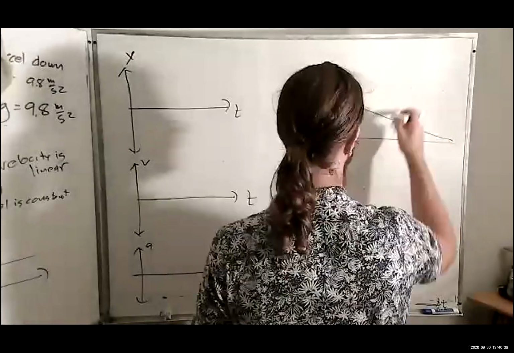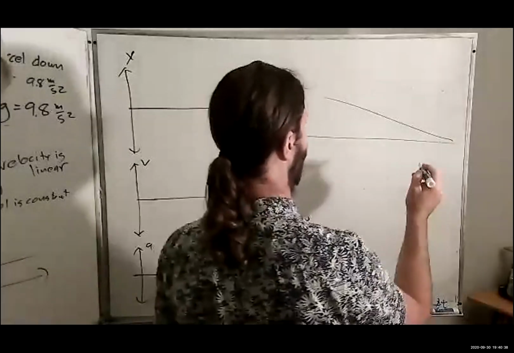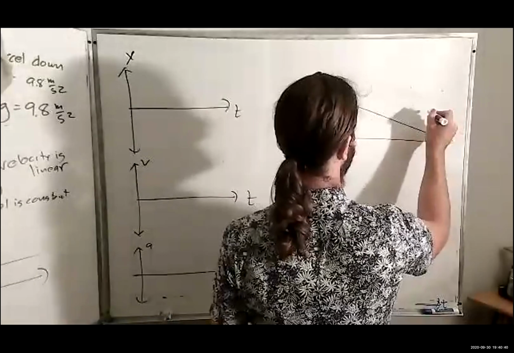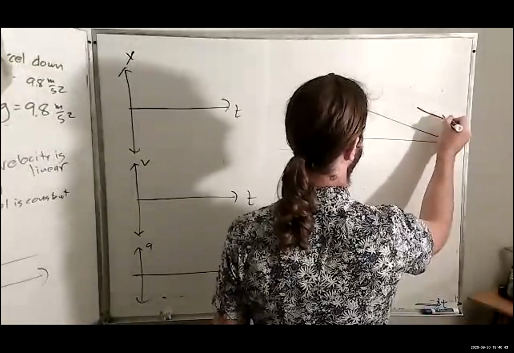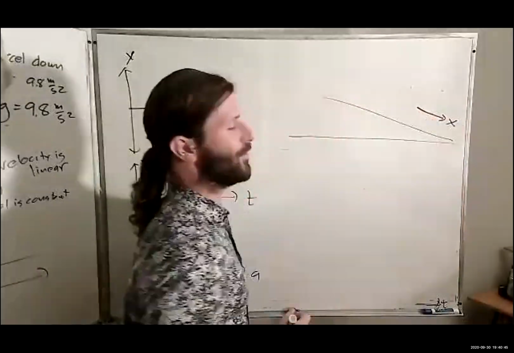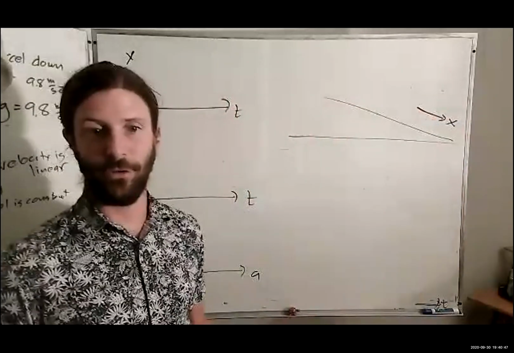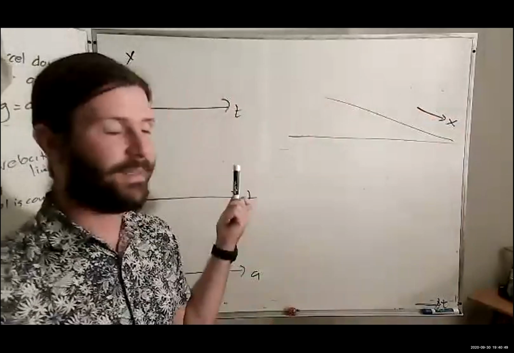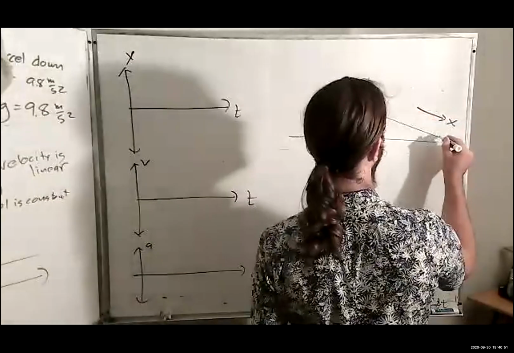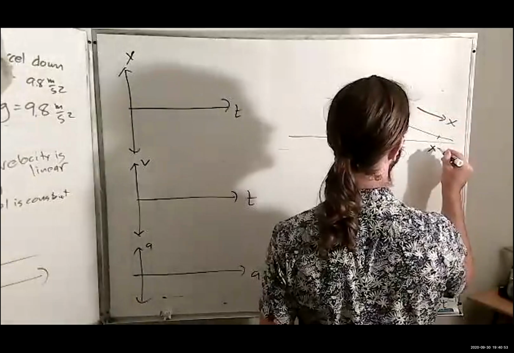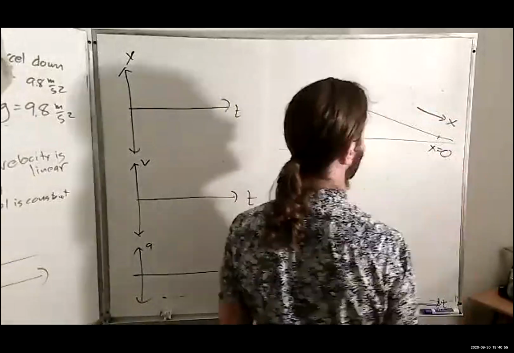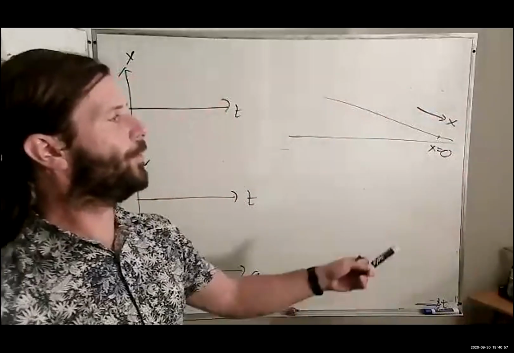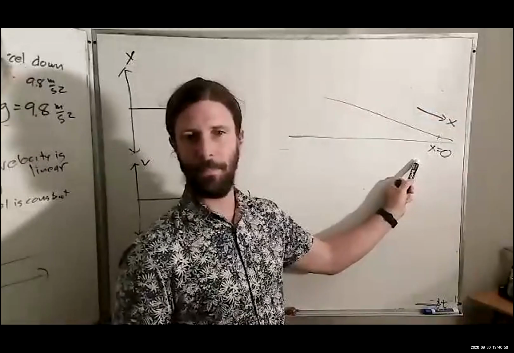So here's what we'll do on the fly here. In purple, let's do x in that direction. And the other thing that we need to mention is where is x equals 0? I'm going to call x equals 0 the bottom of the ramp, no matter what.